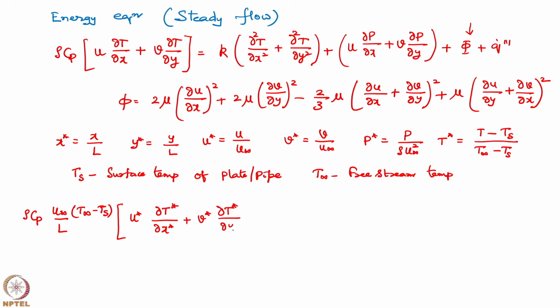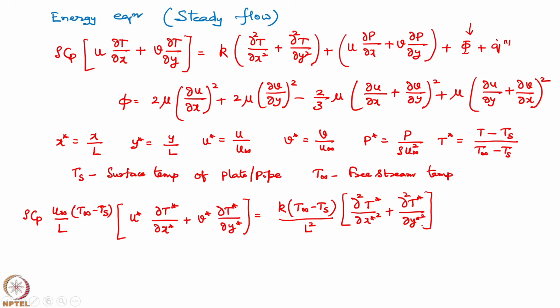Dou T star by dou Y star is equal to K into T infinity minus Ts you get when you do for dou T star, okay, divided by L squared for x, you get dou x star squared, plus dou squared T star divided by dou y star squared, plus you have u, for u you have to write u infinity into u star divided by dou x star, that is L, for p star dou p star into rho u infinity squared.